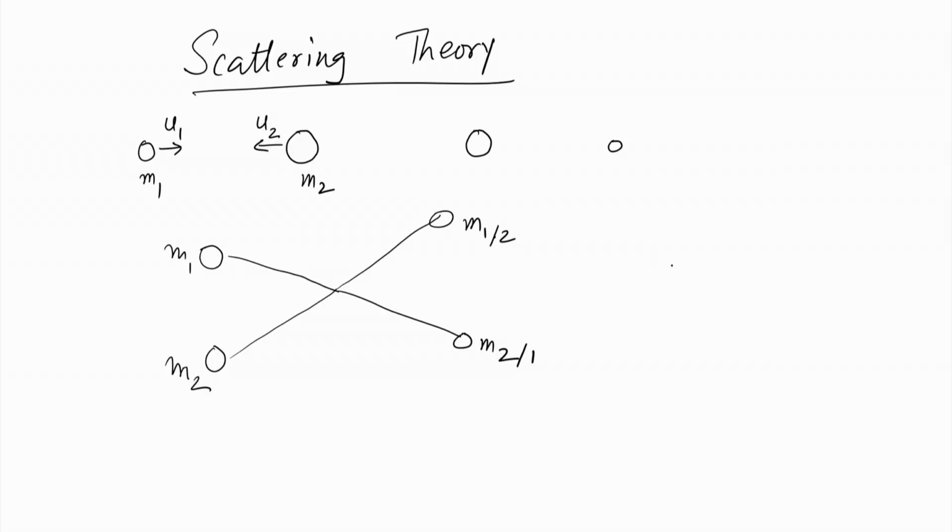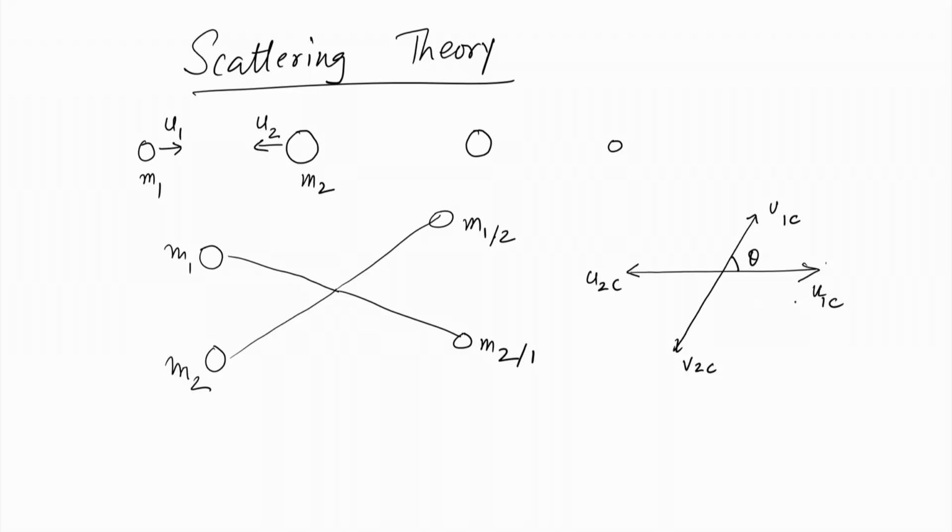Whereas, in the CM frame, one usually has a scattering like this. This is U1C, and this is U2C, and these are V1C and V2C, and this angle is theta.